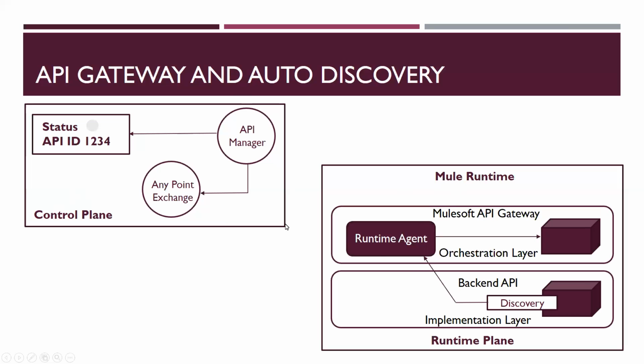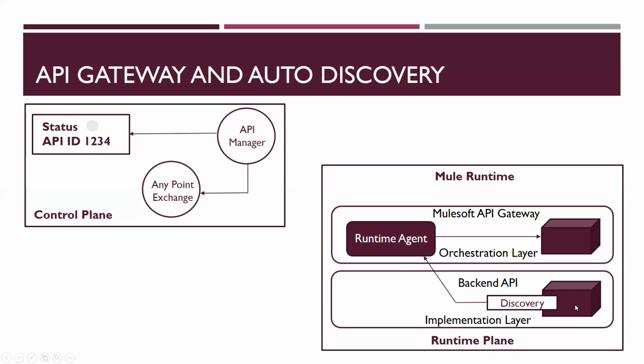Now let's suppose we are developing some code and we want to configure the MuleSoft API gateway. We created a proxy API here, and let's suppose the API ID is 1234.